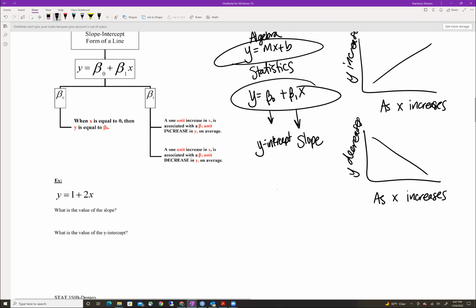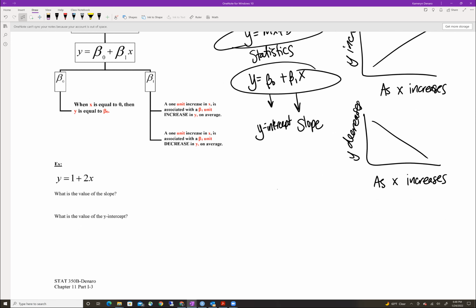All right, so if we have y equals 1 plus 2x, in this case, beta 1 is equal to 2 and beta 0 is equal to 1. So for a slope of 2, as x increases by 1 unit, in this case, we don't know what the values of x and y are, but in general, you're going to change the context of the unit.